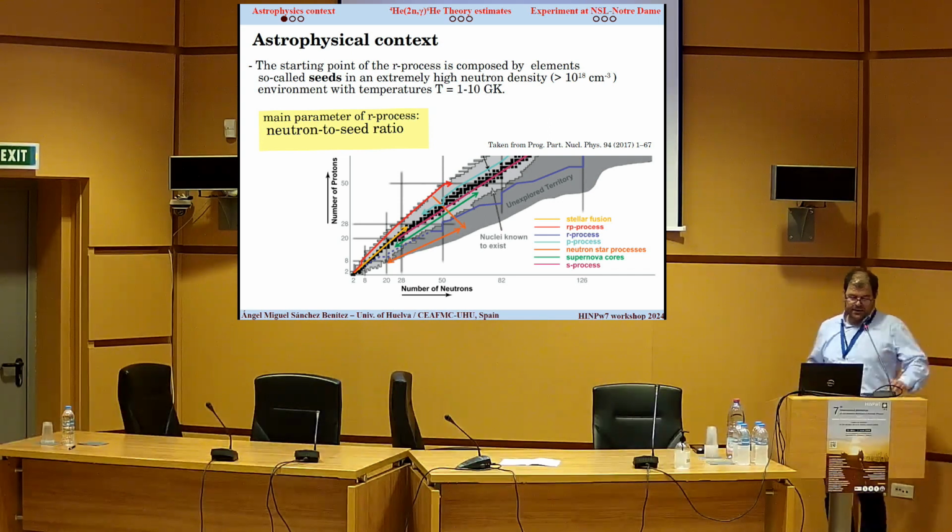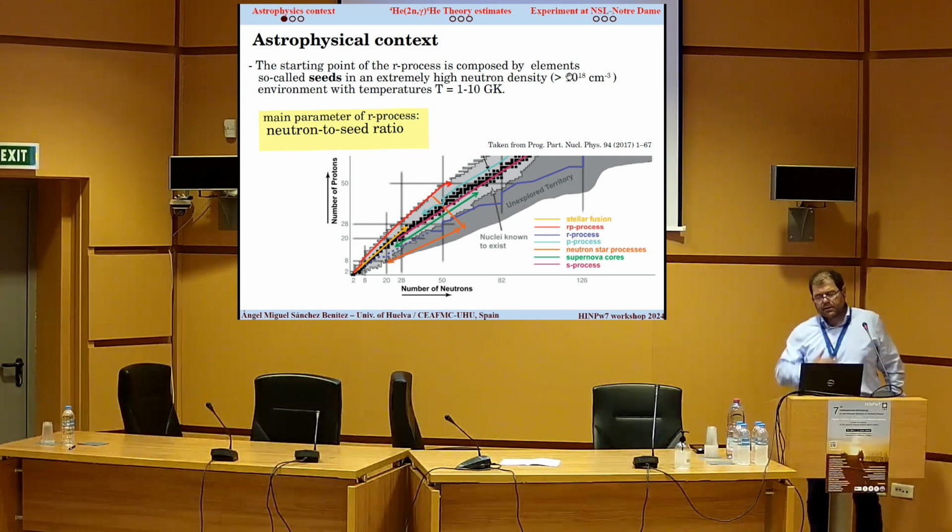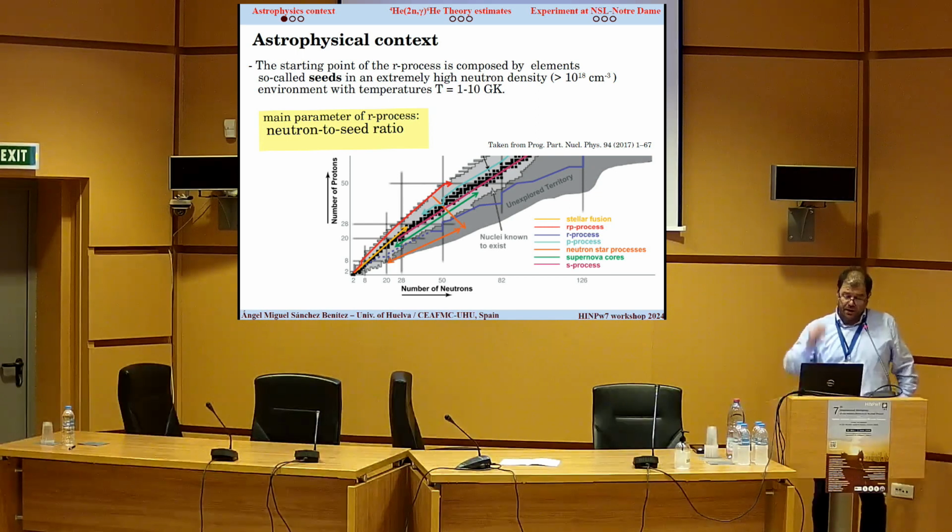The main parameter for this R process is the neutron to seed ratio. Seeds are heavy nuclei, medium mass nuclei at the beginning of the R process. The R process is triggered starting from the seeds in a high neutron density environment, 10 to the 18, 10 to the 20 neutrons per cubic centimeter, and high temperature, from 1 to 10 gigakelvin.